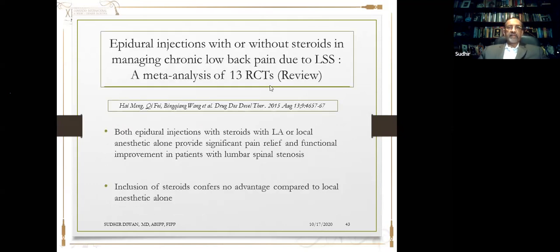This is a meta-analysis of 13 RCTs looking at epidural steroids. They used epidural steroid with local anesthetic, and local anesthetic alone. They found that there is no difference between the local anesthetic and the local anesthetic plus steroid.